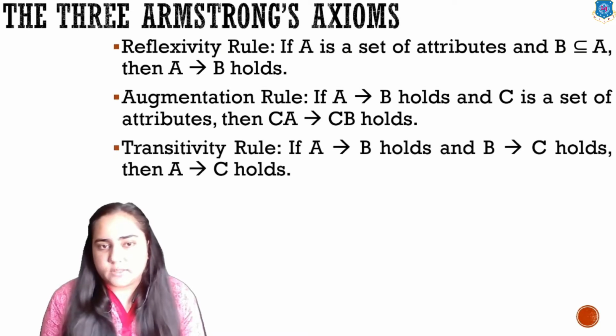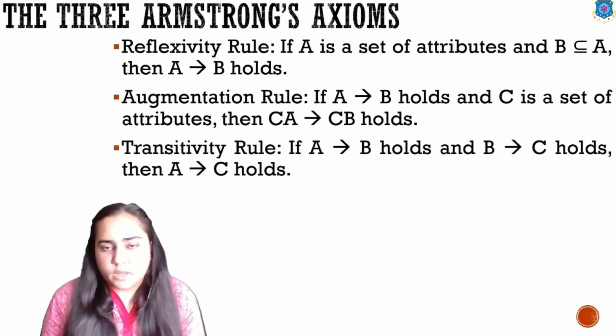The third Armstrong axiom is the transitivity rule, which says that if A determines B holds and B determines C holds, then A determines C holds. Notice how in A determines B, on the right side there is B, and in B determines C, on the left side there is B. So both dependencies have B in common on opposite sides, and that's why you can conclude that A determines C. These are the three basic Armstrong's axioms.